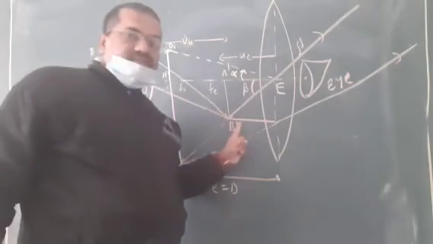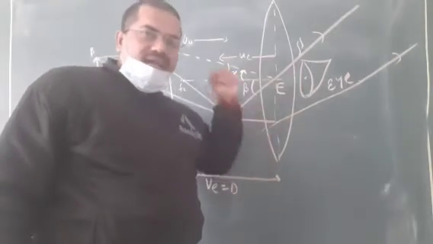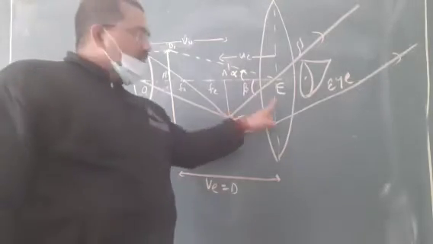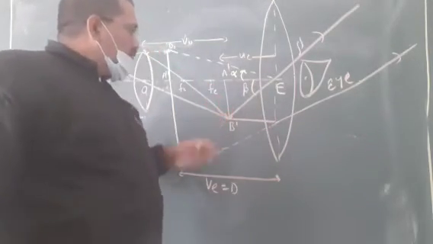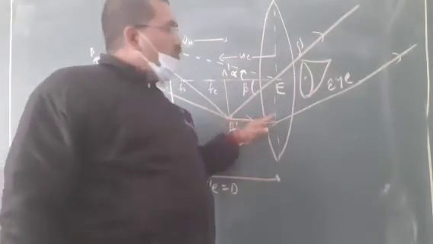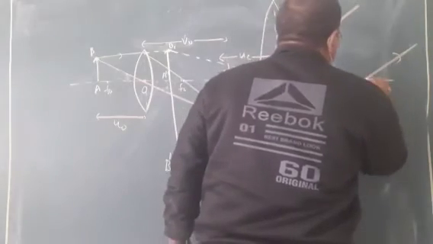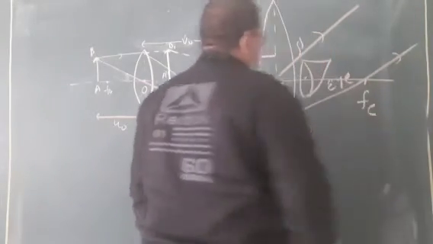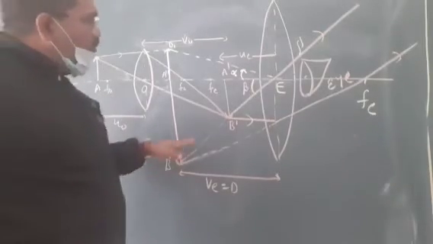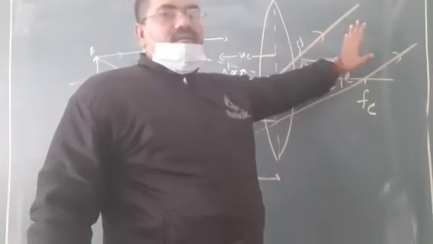This image serves as an object for the eye lens. So this is the object of the eye lens. Same thing: a ray coming from B dash goes through the focus of the lens, and a ray goes through the optical center without deviation.